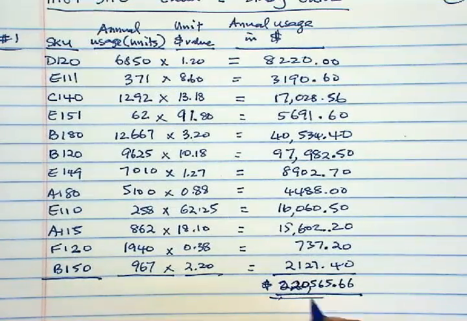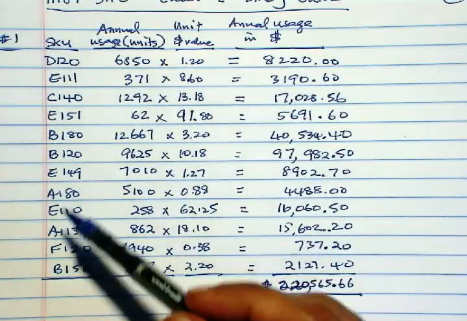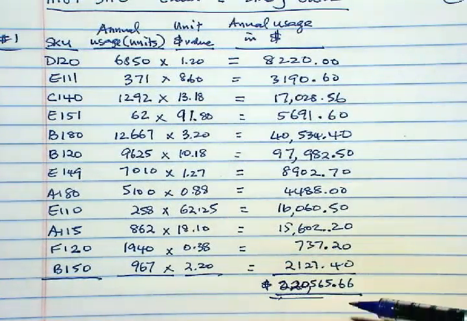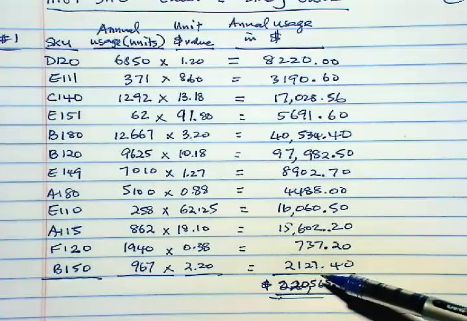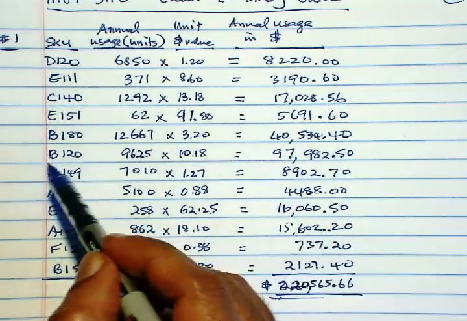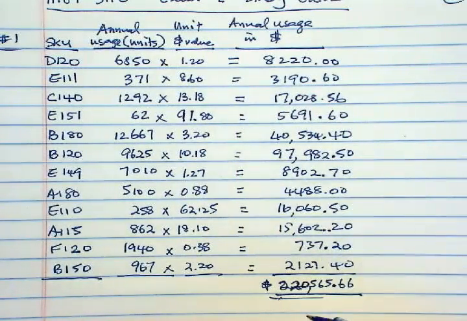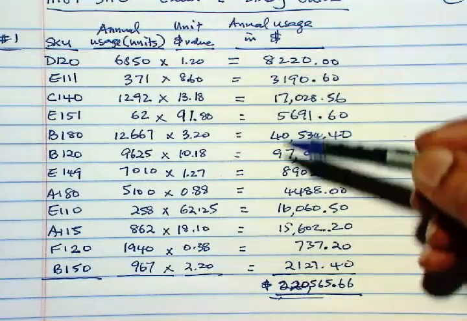Okay. Now the next step is to sort this list in descending order of the annual dollar usage, which means the largest dollar volume item should go to the top, the smallest one should go to the bottom. Okay? And we have to arrange that in that order.